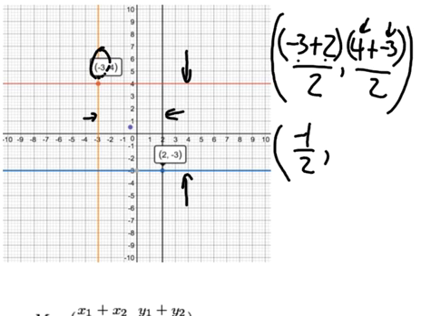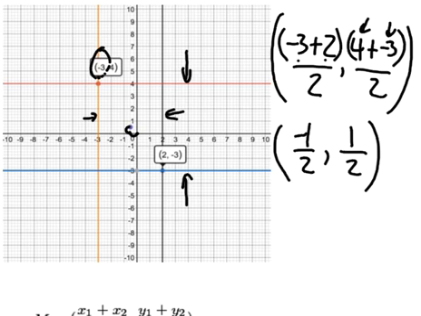So I have 4 positives, and I have 3 negatives, so that's going to leave me with 1 positive, and again, that's over 2. So that tells me that my midpoint, the actual point that I would plot, would be -1/2 in my x value, right there, and then 1/2 for y, which is right there. It's that blue dot right there.